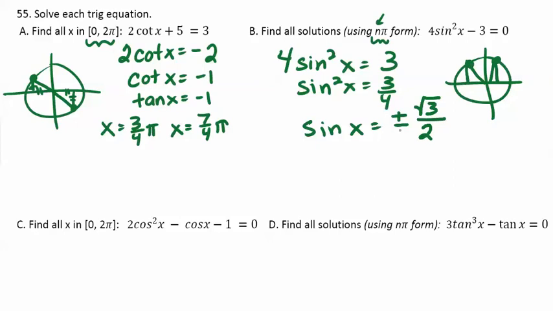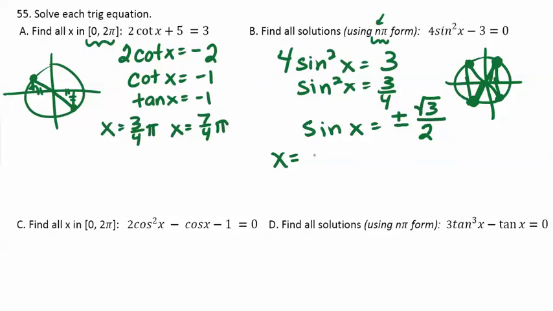And where is the sine equal to negative square root of 3 over 2? That would be right below these. So we end up with this butterfly kind of shape, and we come up with 4 different places in the unit circle.